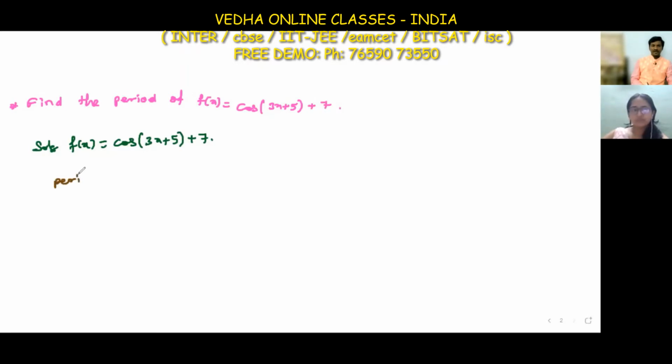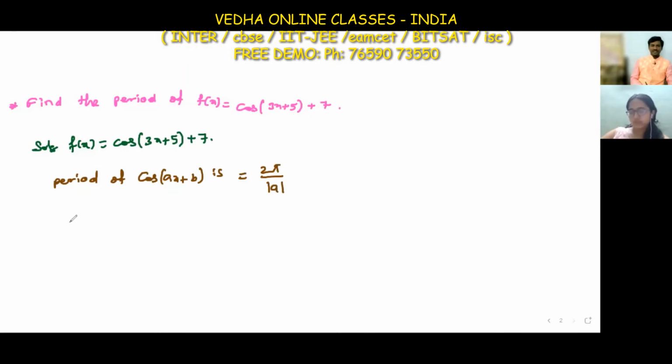So the period of cos of (ax plus b): whenever we have a function like this, the period is 2 pi by mod a, where a is the x coefficient. Here also we take the x coefficient only.